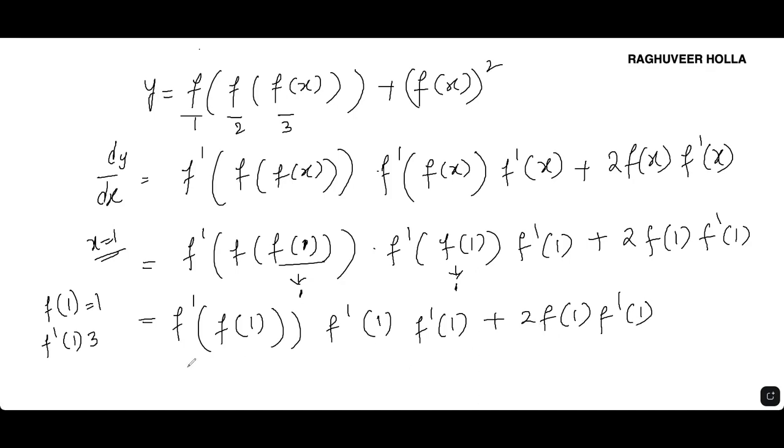Okay, now let us substitute everything which we have. So f dash of f of 1 is f dash of 1, and this is f dash of 1, and 2 into f of 1 and f dash of 1.